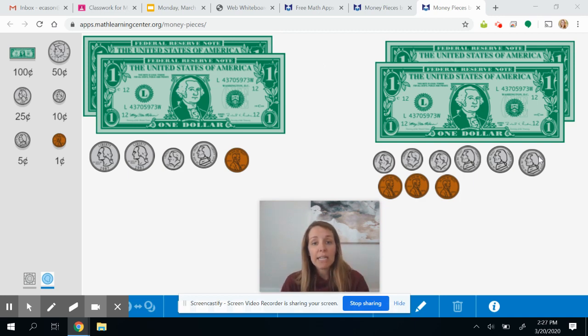And I want you to count each group of money, and you're probably going to need a piece of paper and pencil to write on. So you're going to write down how much each group of money has, and then you're going to write a statement to compare. So you're going to tell me this side of money, how much is greater than, less than, or equal to this side of the money. So go ahead, pause the video, and do that.